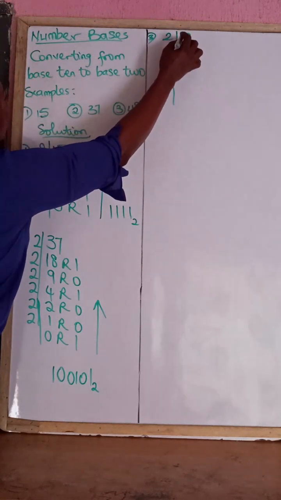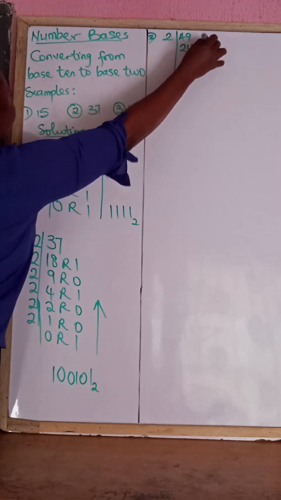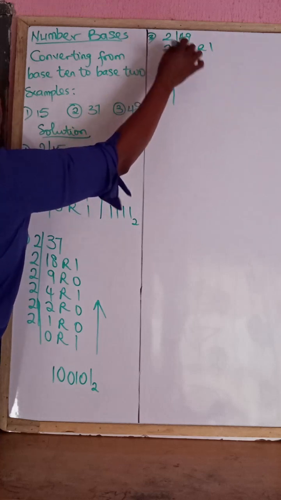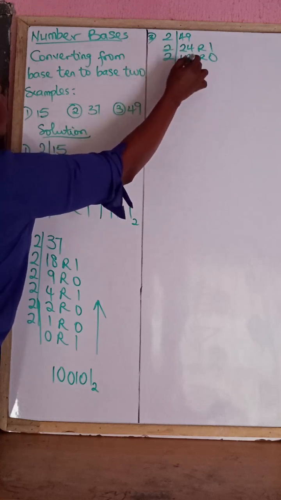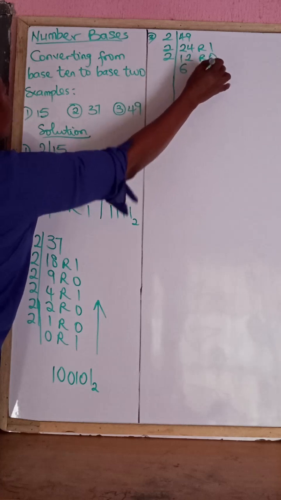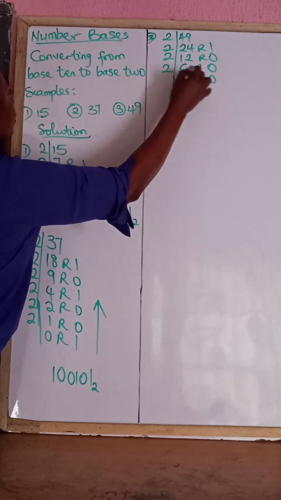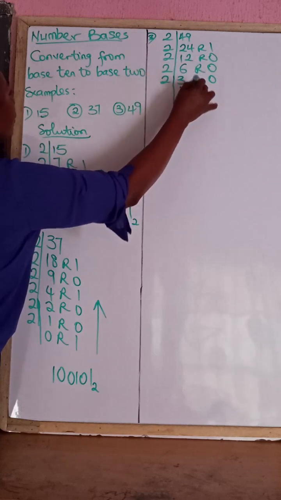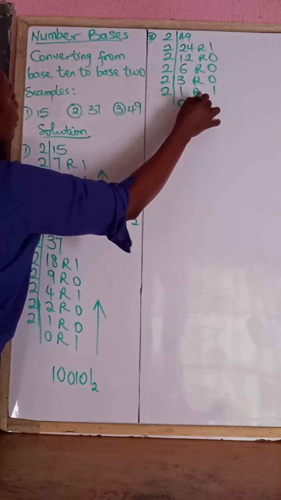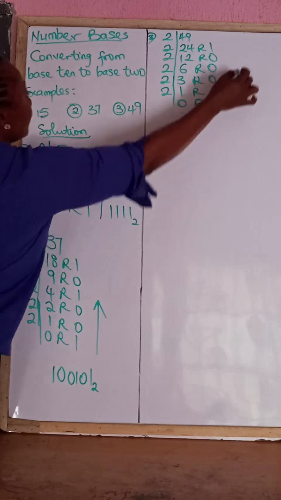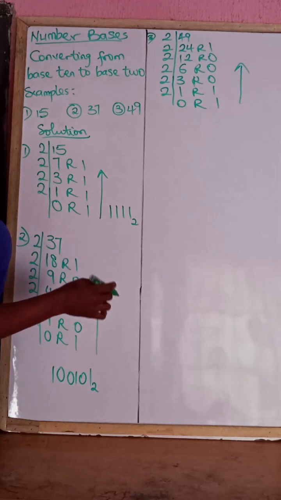2 divide 49 will give us 24 remainder 1. 2 divide 24 gives us 12 remainder 0. 2 divide 12 gives us 6 remainder 0. 2 in 6 is 3 remainder 0. 2 in 3 is 1 remainder 1. And 2 in 1 is 0 remainder 1. And that gets us to the last part, where we now pick our answers.